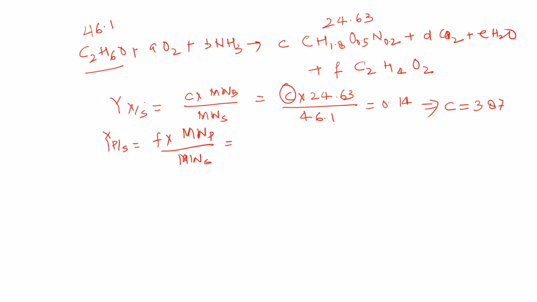The molecular weight of product, C2H4O2, is 60. So F into 60 divided by 46.1 equals 0.92, and this gives rise to F equals 0.71. Now, the next step is we have to go for electron balance.